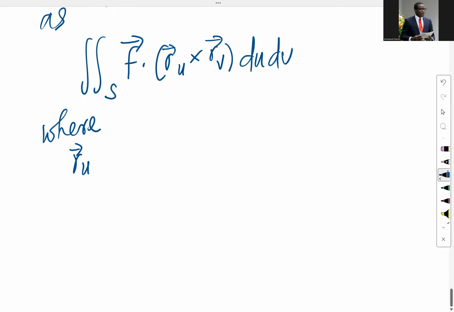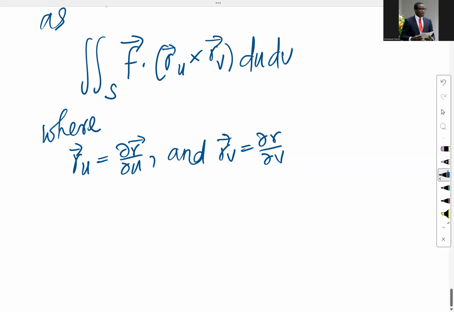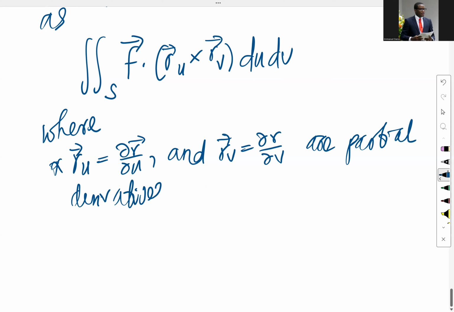So r_u would actually be partial r, partial u, that is r differentiated with respect to u, and r_v is partial r, partial v, the partial differentiation of r with respect to v. So these are partial derivatives of the parameterization.